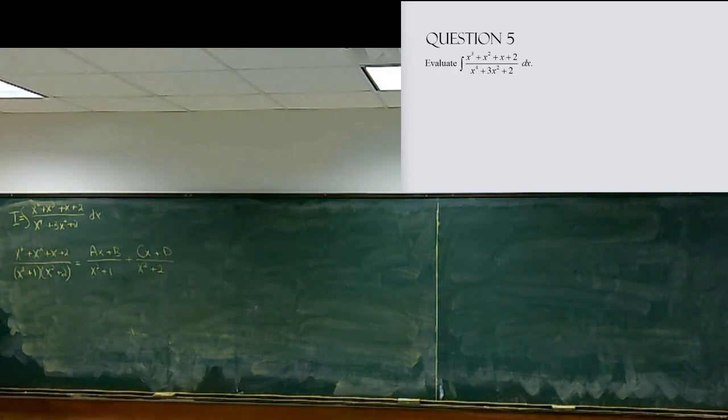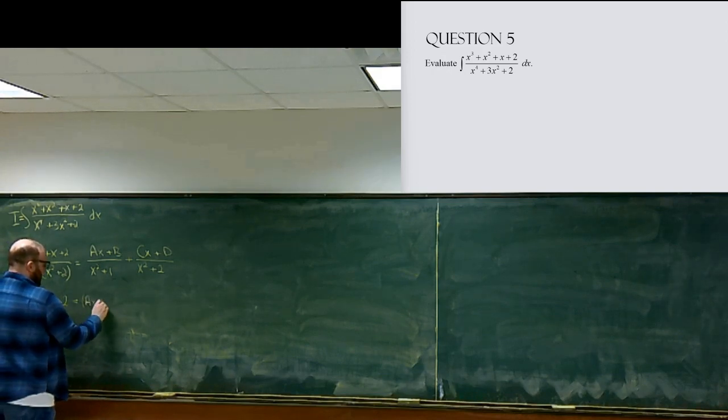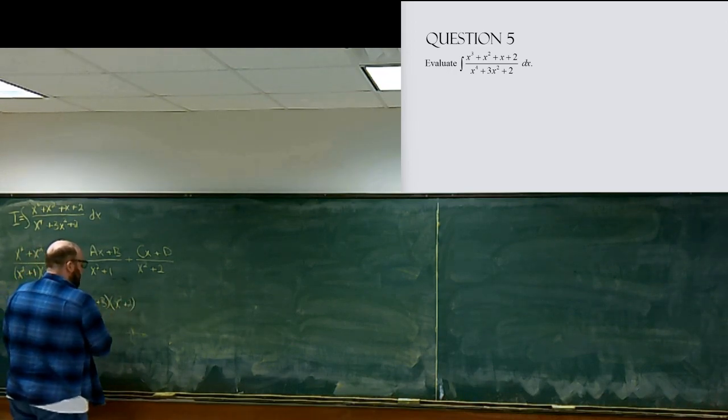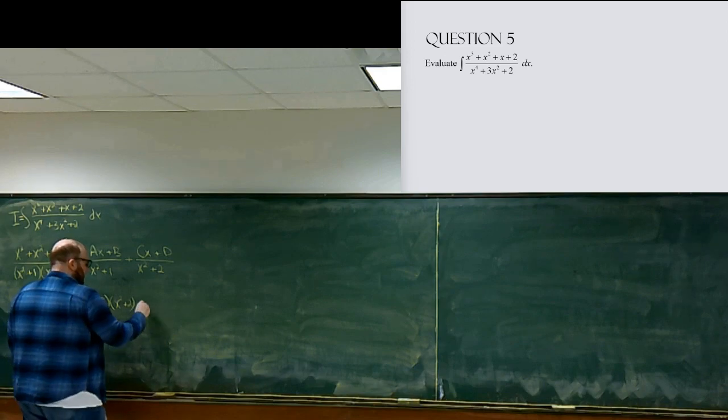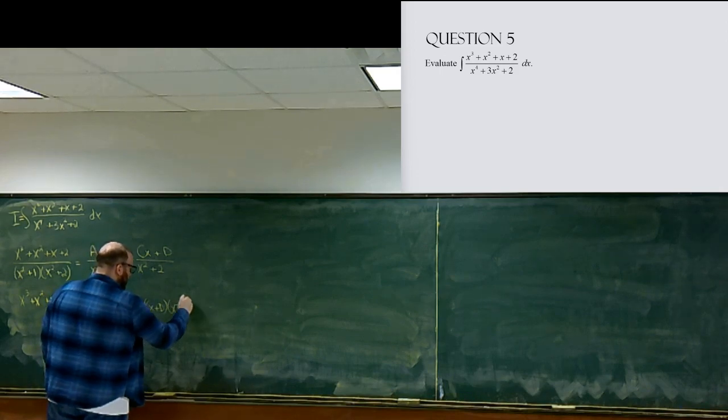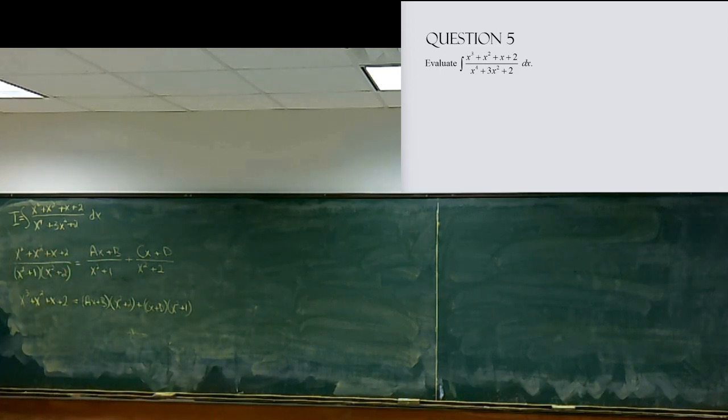Now we do the same thing. Clear the fractions. Multiply everything through by x squared plus 1 times x squared plus 2.